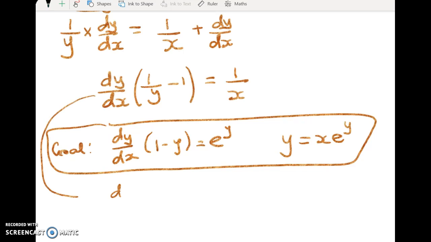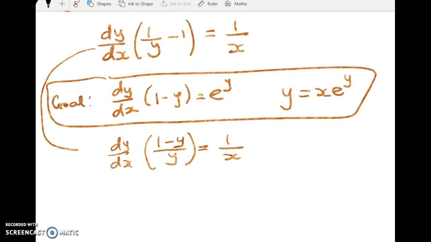I've got here dy by dx times 1 minus y over y is equal to 1 over x. That's just doing a common denominator. And then I get this, dy by dx times 1 minus y, I'm going to leave that like that, is equal to y times 1 over x.